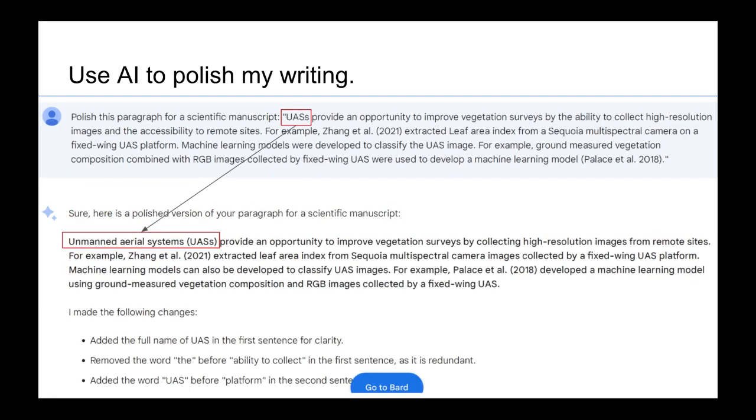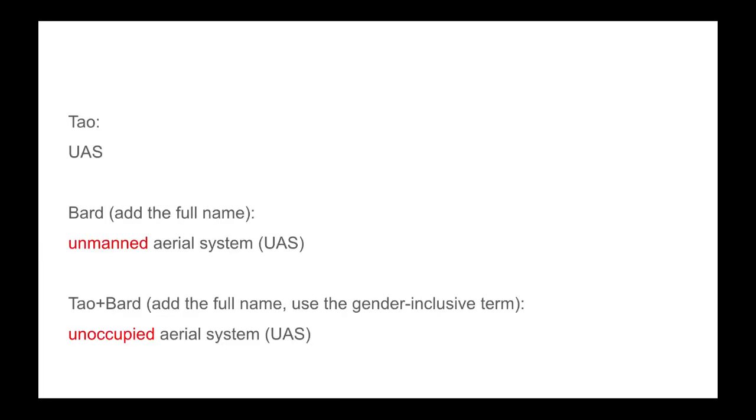Another example is I write UAS in my writing, but I didn't add the full name of this acronym. So it was added by AI. So these are two examples of using AI to polish my writing.